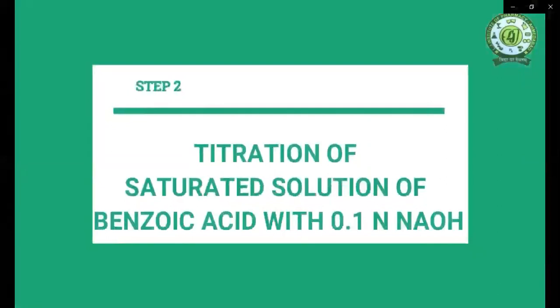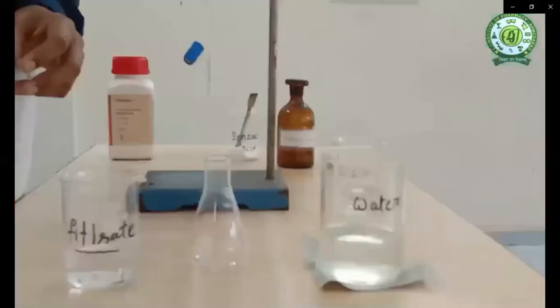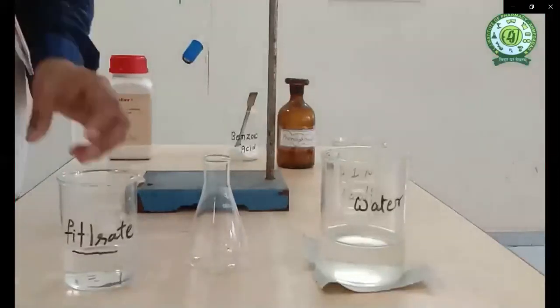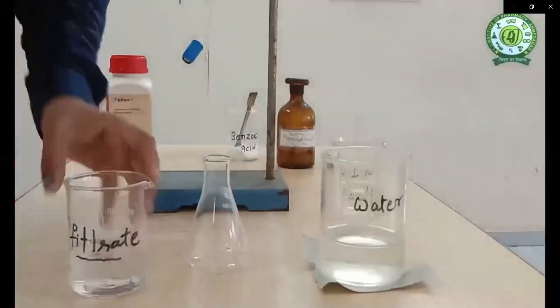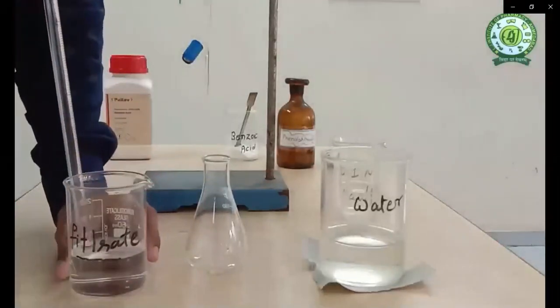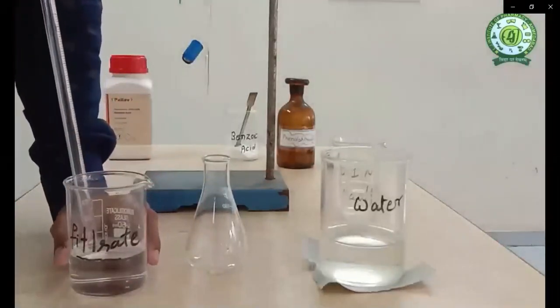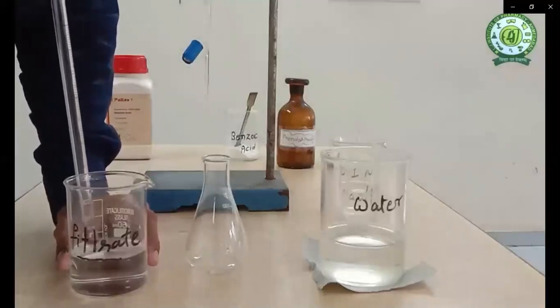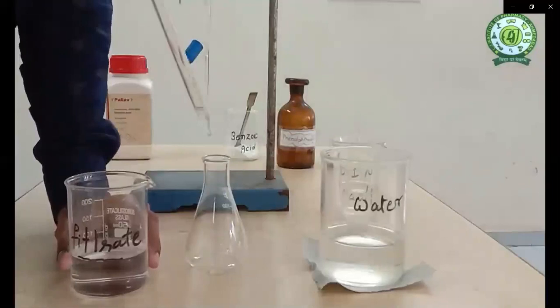The next step is titration of the saturated solution of benzoic acid with 0.1 normal NaOH solution. After the filtration, we got this filtrate. Now we have to take 1 ml of this filtrate and transfer it into another conical flask.